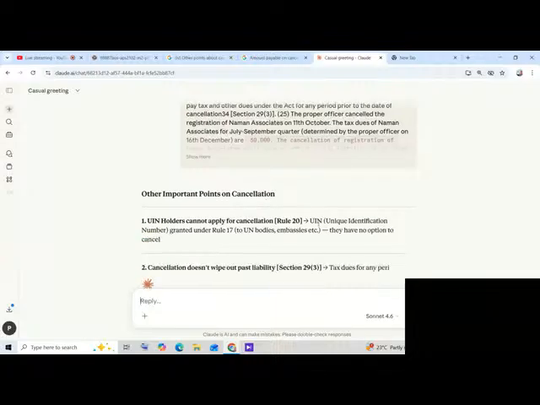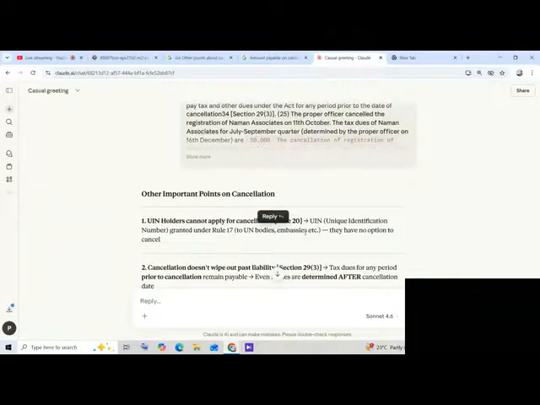UIN holders, unique identity granted to UN bodies or embassies. So UIN holders means UN bodies or embassies. They have no option to cancel. Fine. Cannot apply for cancellation of registration.